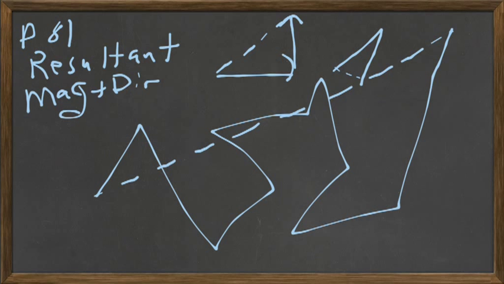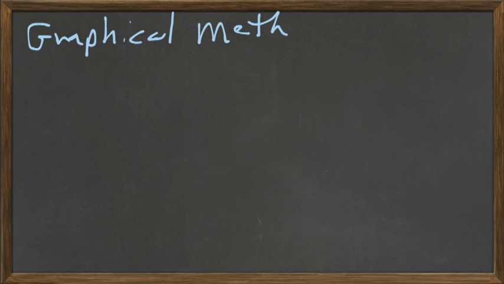Now to find that magnitude and direction, there are two ways we could do it. Still on page 81, we have what's called the graphical method. As I said in class, you will not have to demonstrate this on a test, but you should know it exists. If I have two vectors, or 3 or 4 or 5, I can actually draw them to scale using a ruler and assess the angle using a protractor.